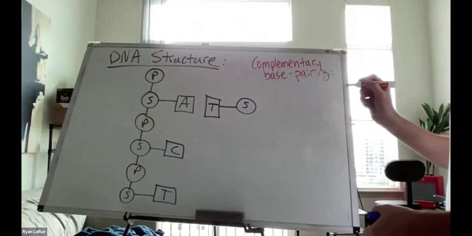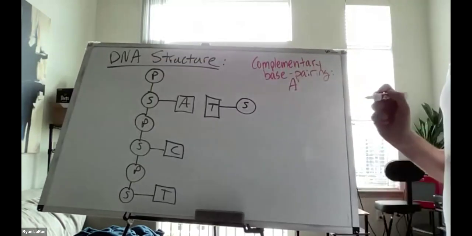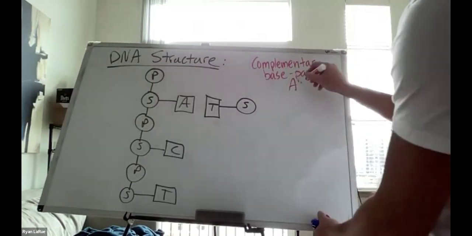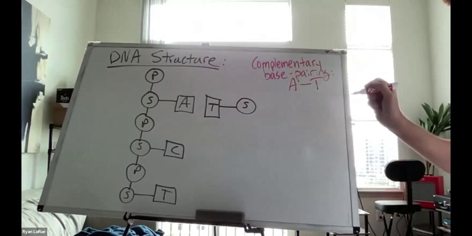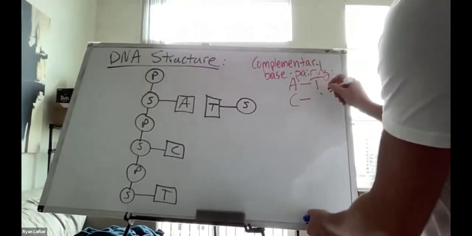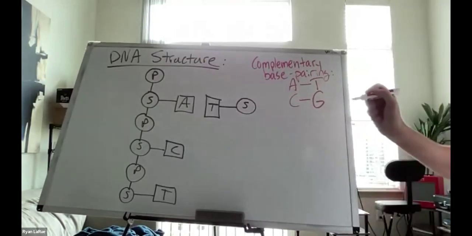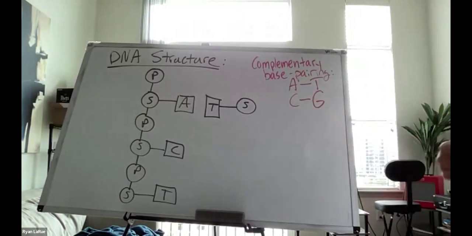So in a DNA molecule, whenever you have an A base, it will always be paired to a T and vice versa. You got a T, it'll be with an A. And if you have a C, it's always going to be paired with a G and G with C. So one of my TAs gave me this really fun little way to remember this.